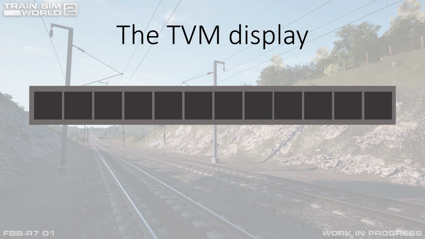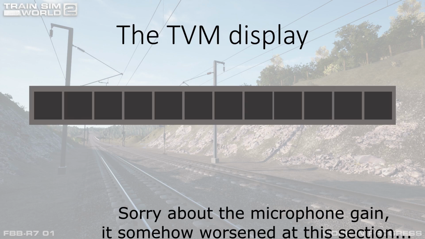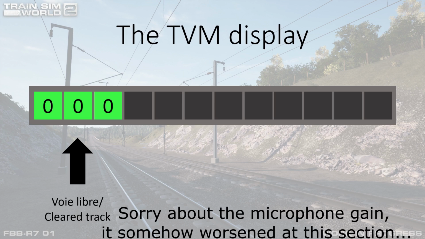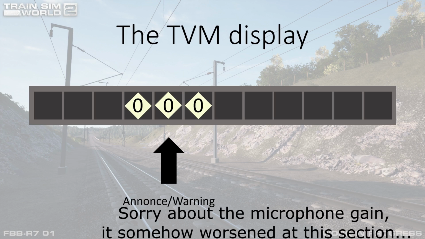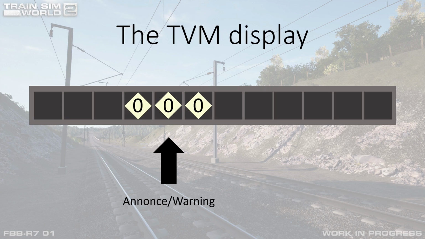To tell you about the placing of the different aspects, on the left, in cells 1 to 3, can only be green lights with black numbers. Those are used to indicate voie libre, or clear track. In cells 4 to 6, in the classic display, would be squares rotated by 45 degrees in white with black numbers to make annonce, or warning, aspects.